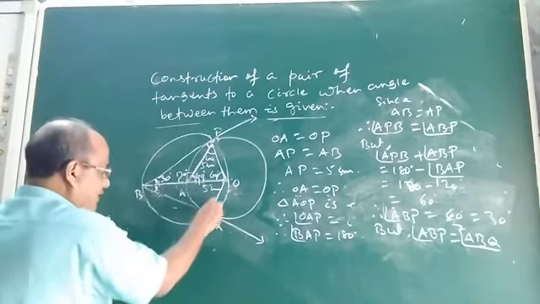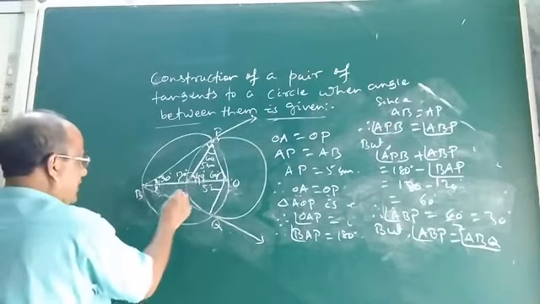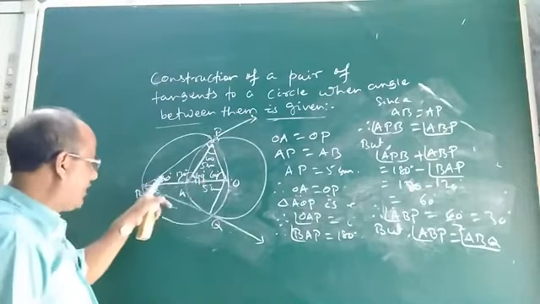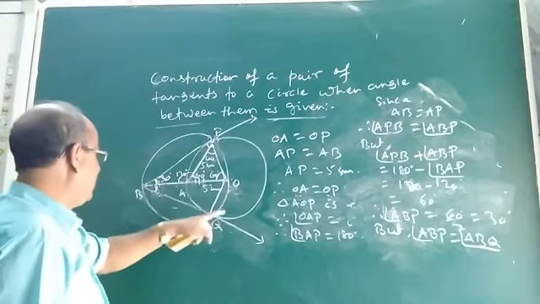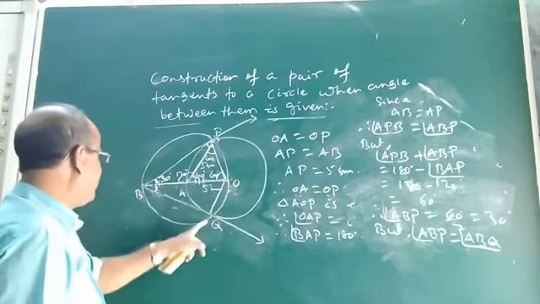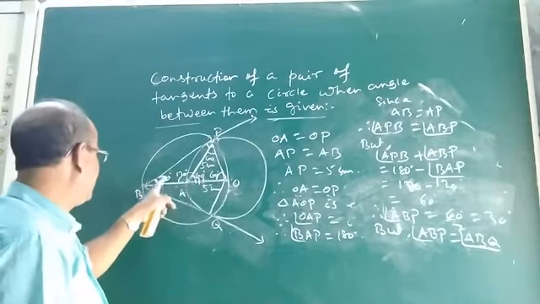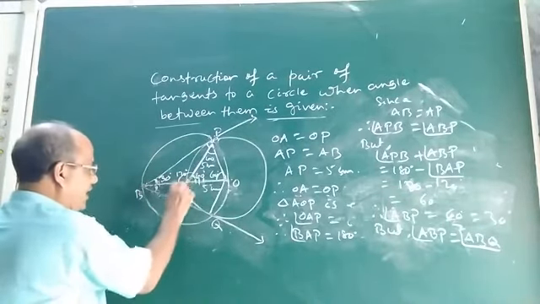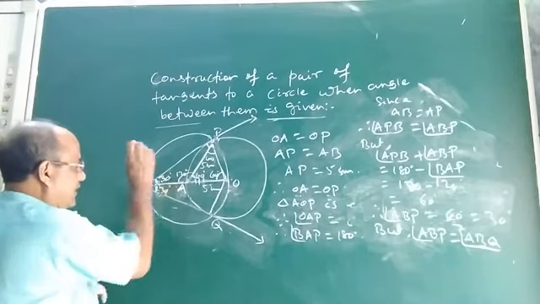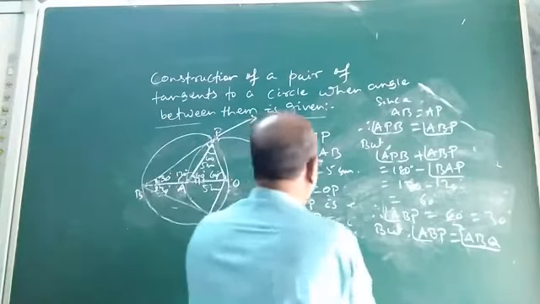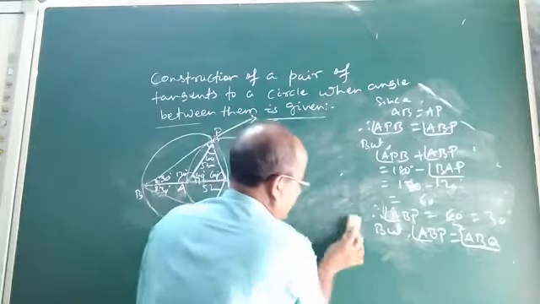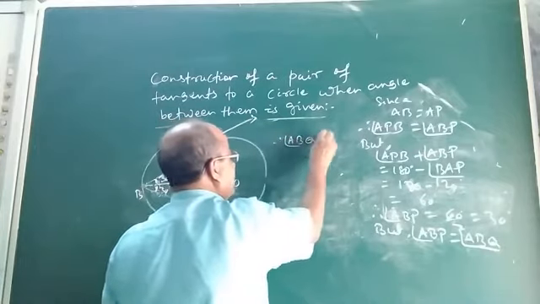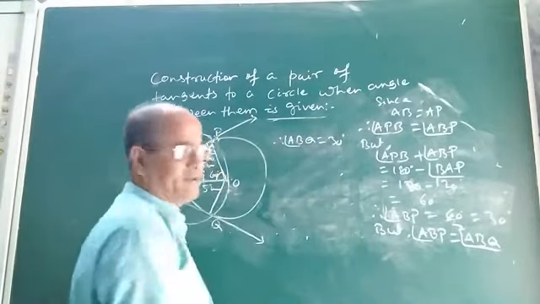By taking congruency of triangle OBP and triangle OBQ, you can easily show that angle OBP and angle OBQ are equal. So if this is 30 degree, this will also be 30 degree. Therefore angle ABQ will be 30 degree. This is a very lengthy justification.